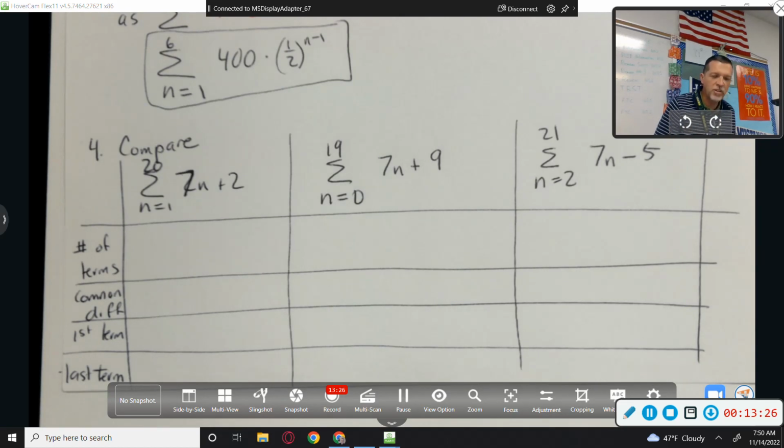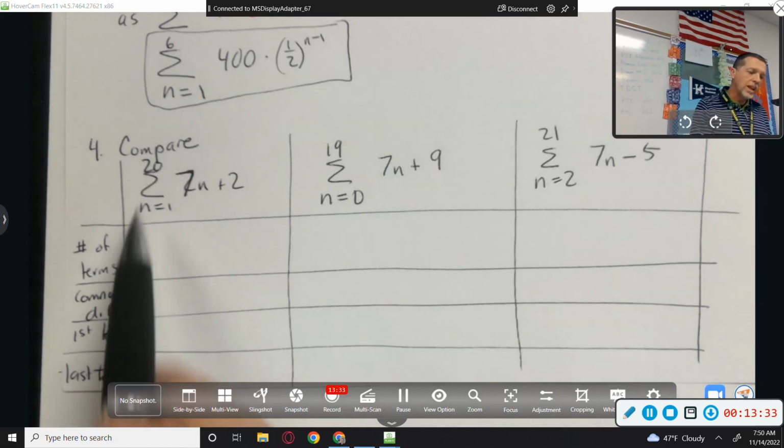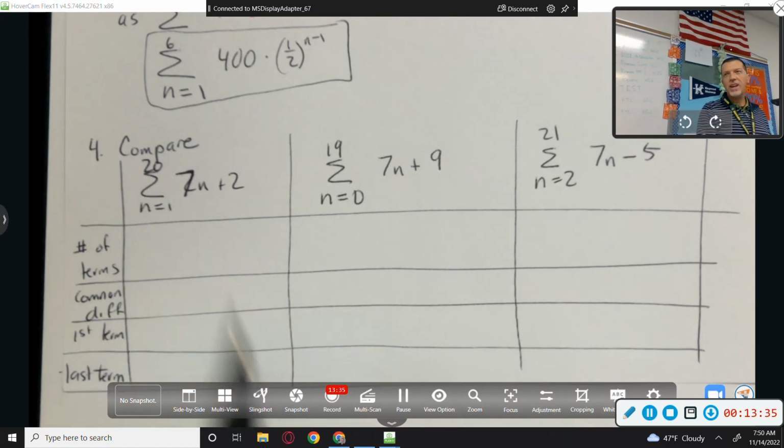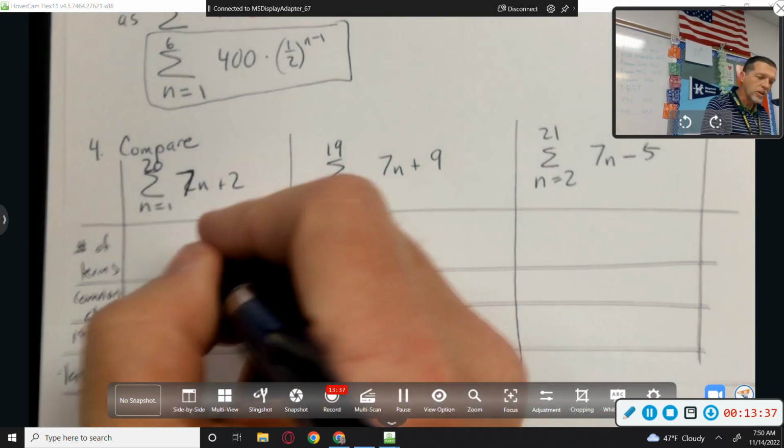A lot of information, but it'll go quick. So this first one, from 1 to 20, how many terms are there if we start at 1 and count to 20? 20 terms.